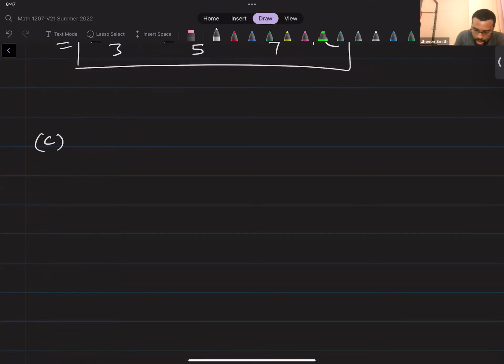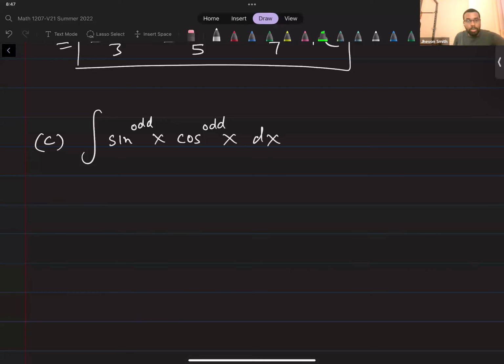So C. This is the case where I'm integrating sine to an odd power and cosine to an odd power. So they both have odd powers. Technically, you could save either one and do the above strategy, but it's actually better to go in one direction than the other.